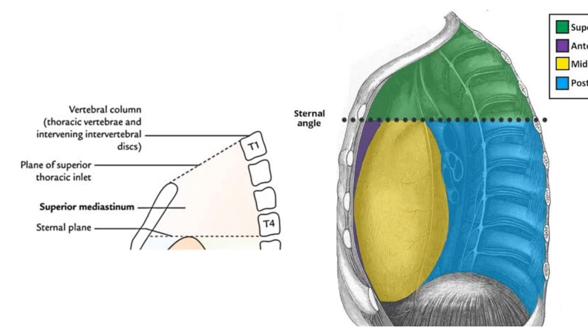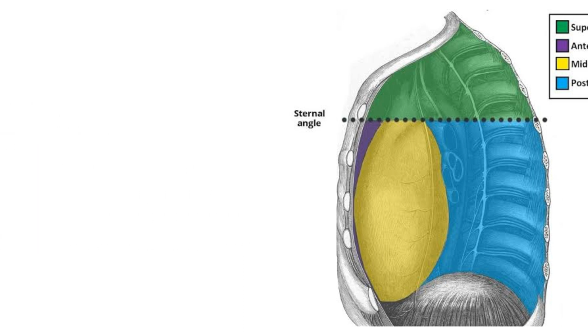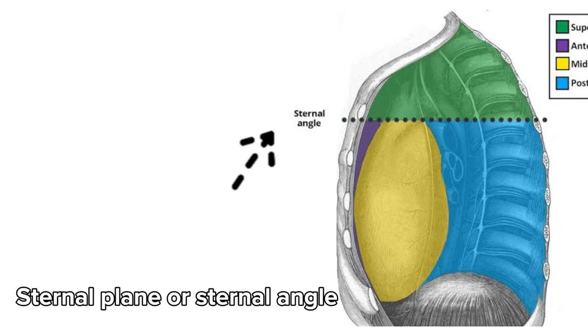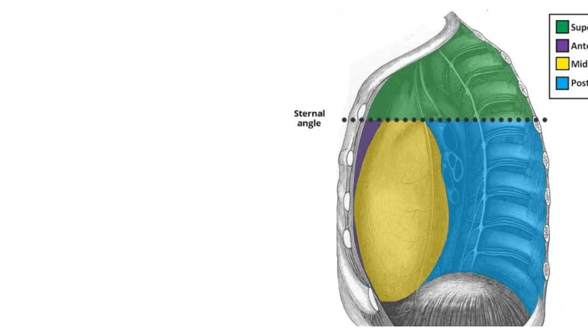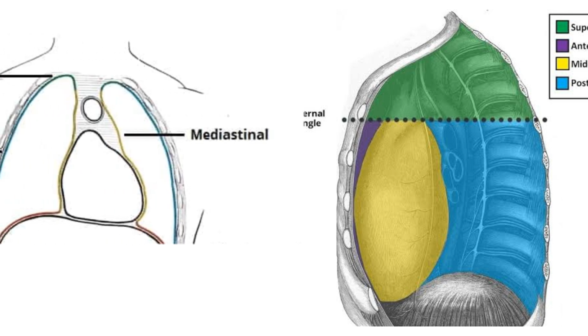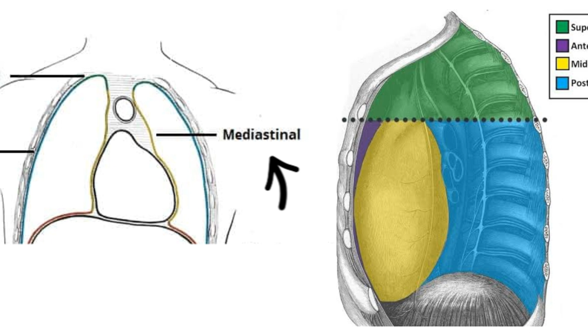It is bounded superiorly by the plane of thoracic inlet, and it is bounded inferiorly by the imaginary line passing through the sternal angle to the lower border of the fourth thoracic vertebra, which is also the sternal plane, and it is bounded on each side by the mediastinal pleura. That is the mediastinal part of the pleura covering the lungs.